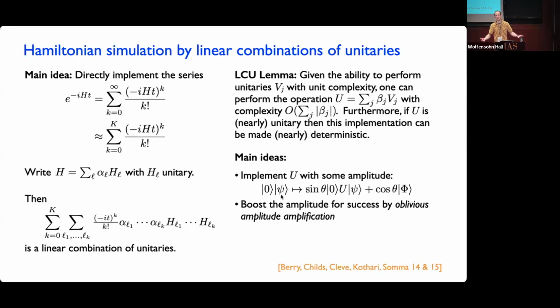We want to do quantum simulation on psi, and we don't know what psi is, so in particular we don't know how to reflect about it efficiently. Nevertheless, there's a procedure which is oblivious to what psi actually is, which is able to boost this part of the state. Let me very briefly describe what goes into these two ideas: implementing U with some amplitude, and then boosting the amplitude for success.